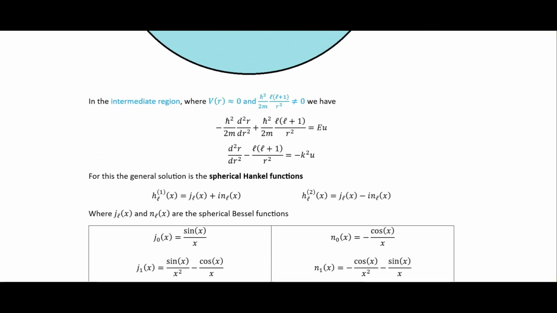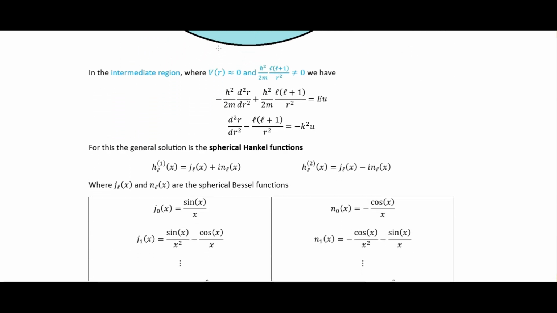We will first look at this intermediate region. Again, the potential is roughly 0 and our centrifugal term is not equal to 0. And so we will end up with this as our Schrodinger equation right here.